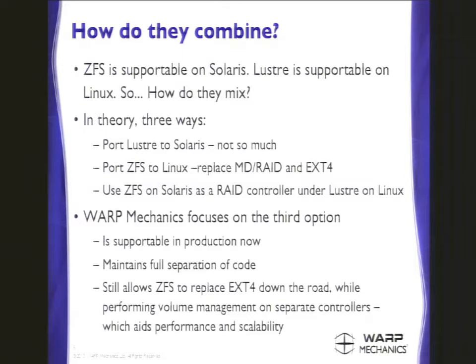So you get the fully baked and hardened ZFS and the fully baked and hardened Lustre with very tightly coupled performance between the two, yet enough separation that you don't get bugs from one bleeding into the other, I guess you could say.